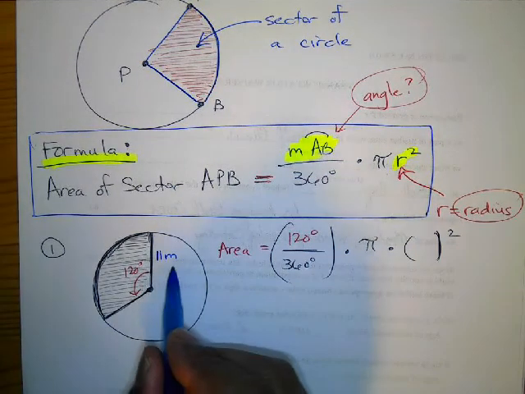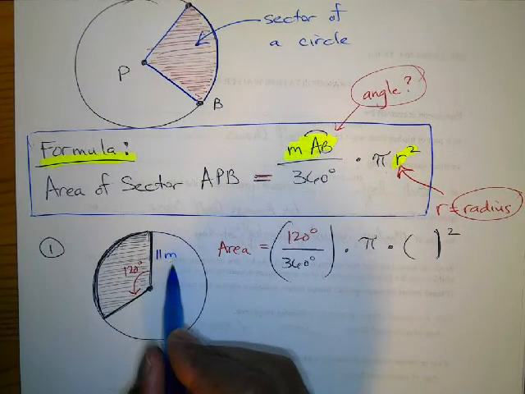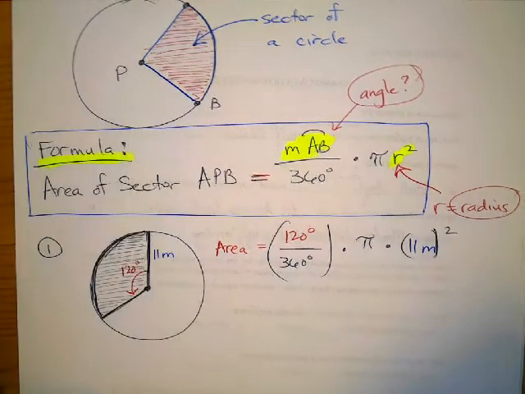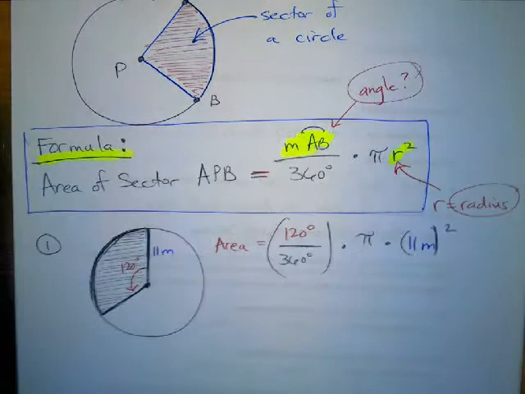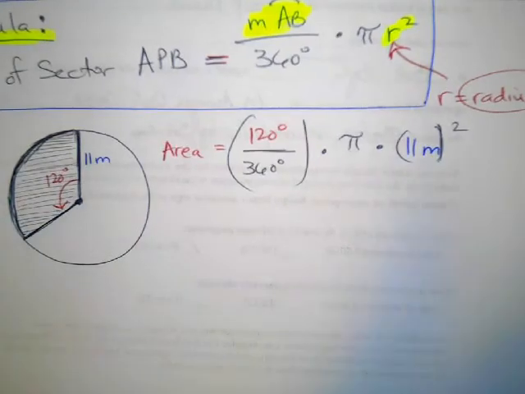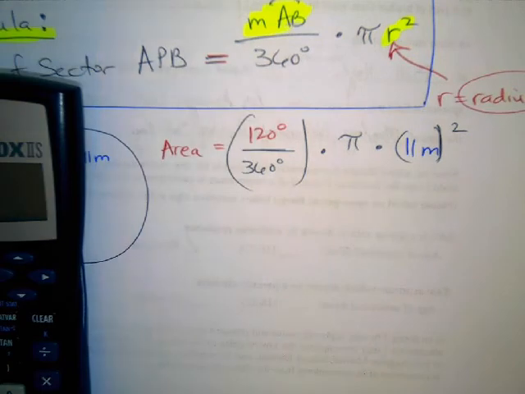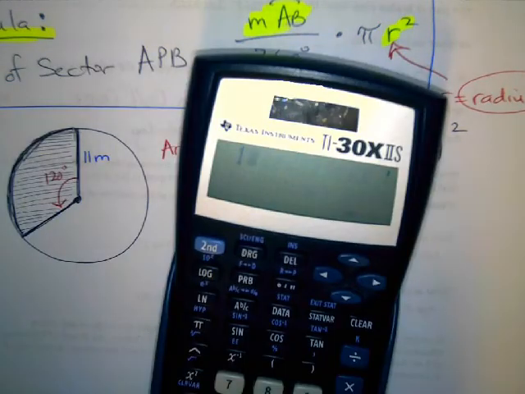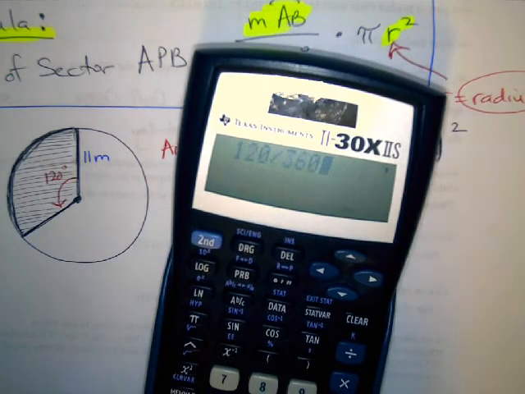We've got to get the radius, and we've got to square it. What's the radius? Here the radius is 11 meters, or 11 miles, whatever it is. All right, and the rest is just punching this in the calculator. So we're going to get, let's see, 120 divided by 360.